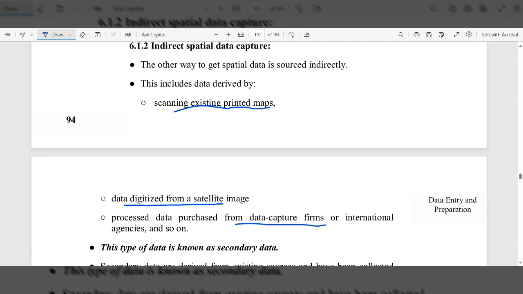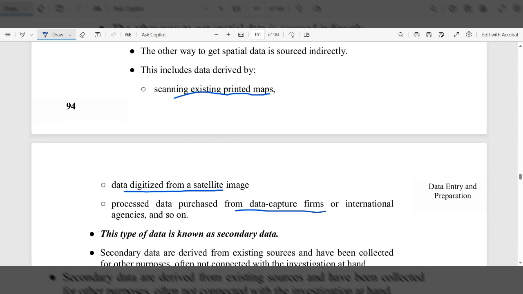That means you have ready-made printed maps. You start collecting data from printed maps. Already you have maps, so you start collecting it, right? You may digitize it, converting your analog information into digital information, right? Or some digital images are available from the satellites. So you start downloading and start using it, or you may purchase from different organizations. You can directly purchase from outside, but the source should be reliable.